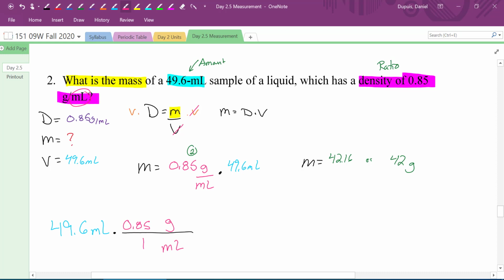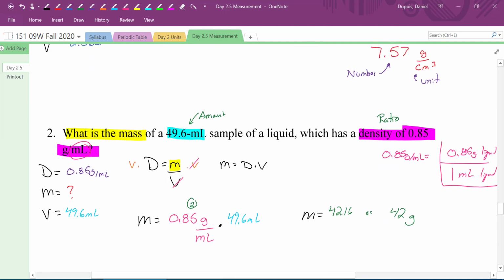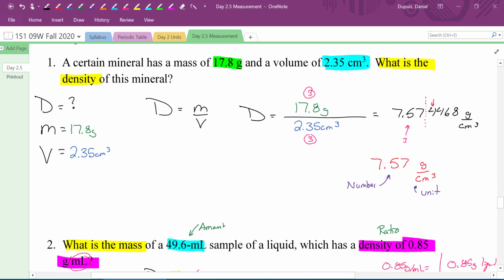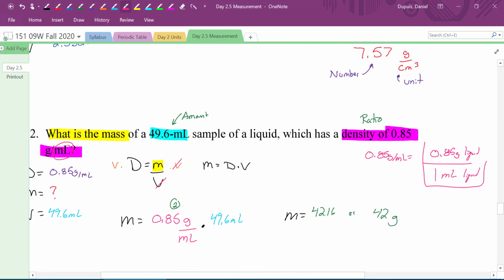So this density, when I say 0.85 grams per milliliter, it's the same thing as 0.85 grams of liquid per 1 milliliter of liquid. That's the same number. It's just more complete.